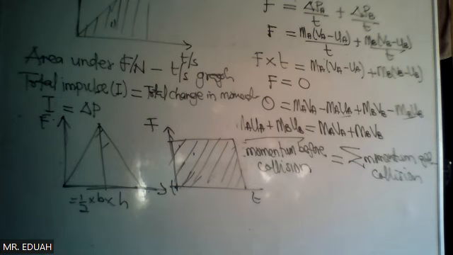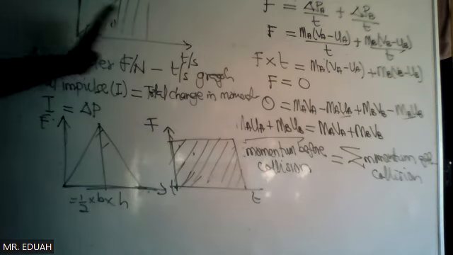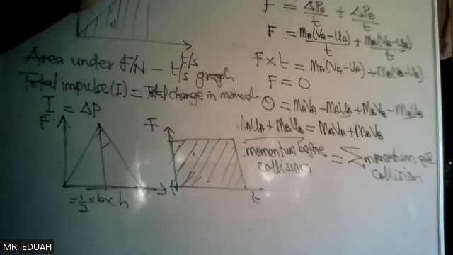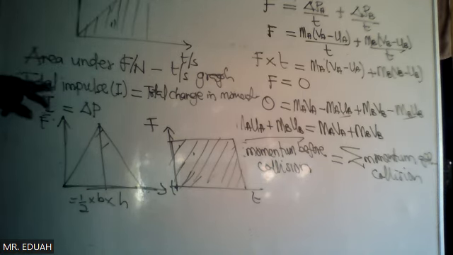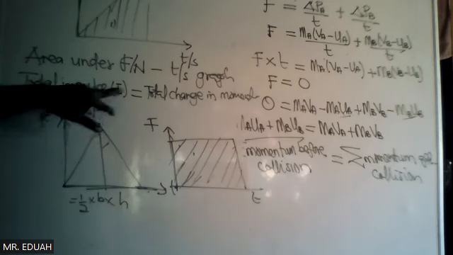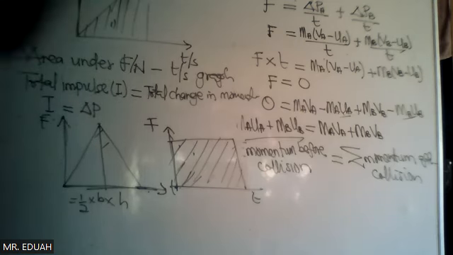What I'm saying is that we can plot a graph of force acting on a body against the time taken for exertion of the force on the body. So for a force-time graph, the area under it would give you the total impulse or total change in momentum.